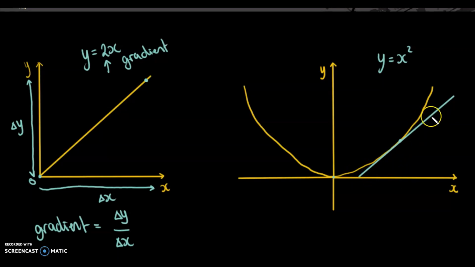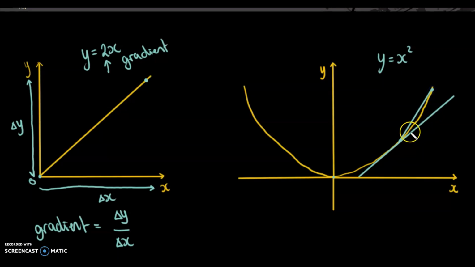Let's think about this straight line here. To define this straight line, we need 2 points. One of the points is already on our graph, on the y equals x squared graph right here. So let's think about what would happen if I picked 2 points on this graph and connected them with a straight line.